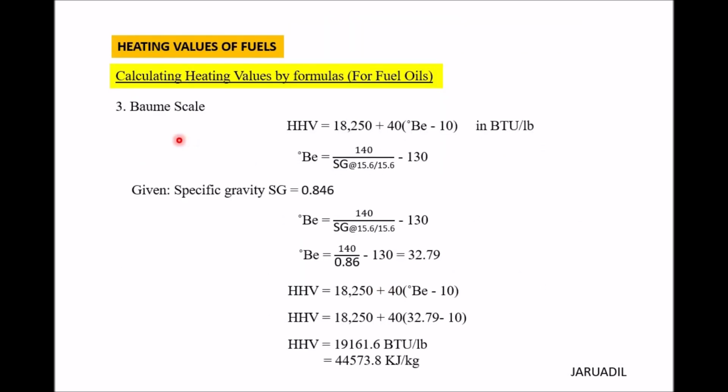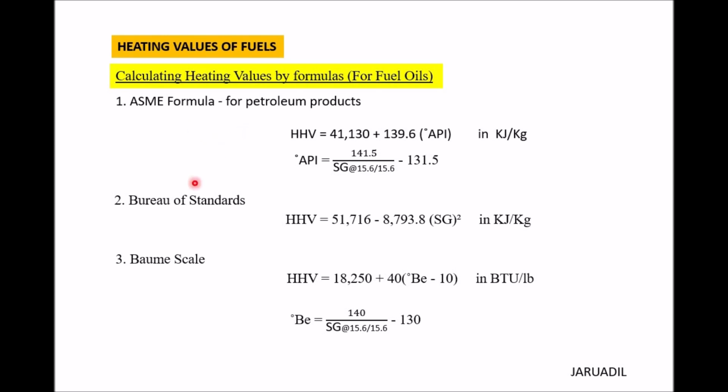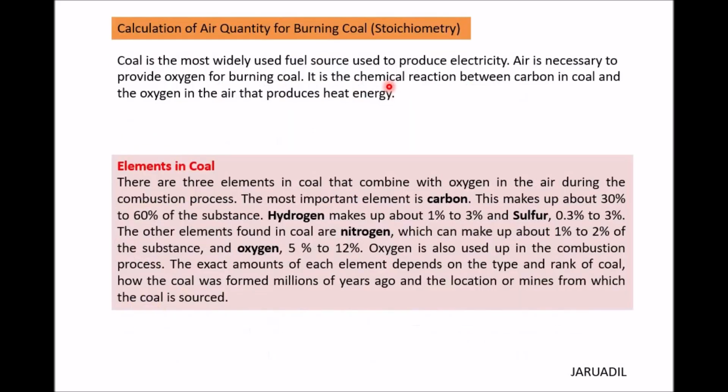So that's the method how we compute HHV using Baum scale. So tatandaan nyo itong tatlong ito, the ASME formula, the Bureau of Standards, and the Baum scale. So these are formulas used for calculating heating values for fuel oils. You cannot use that for solid fuels.